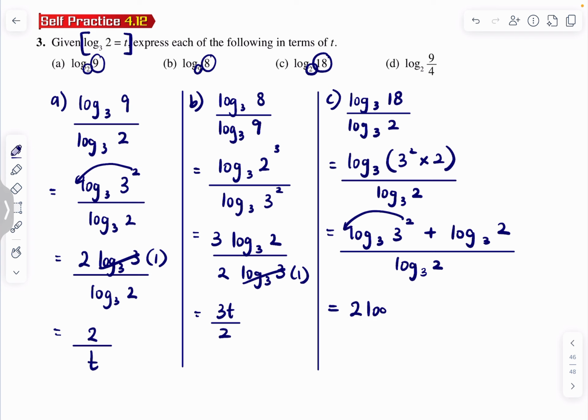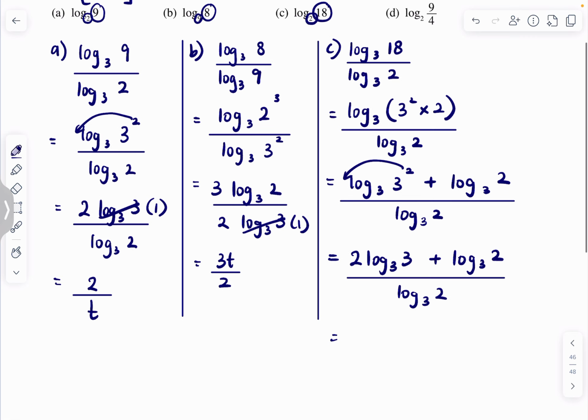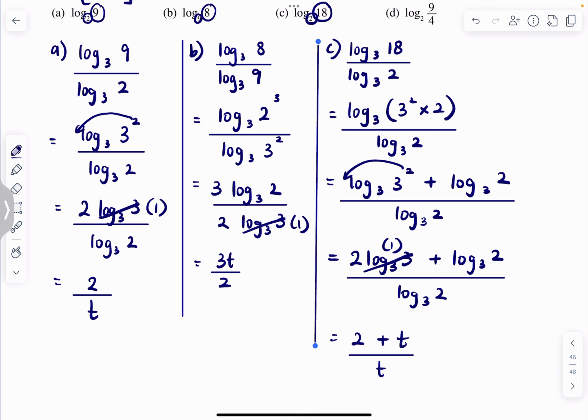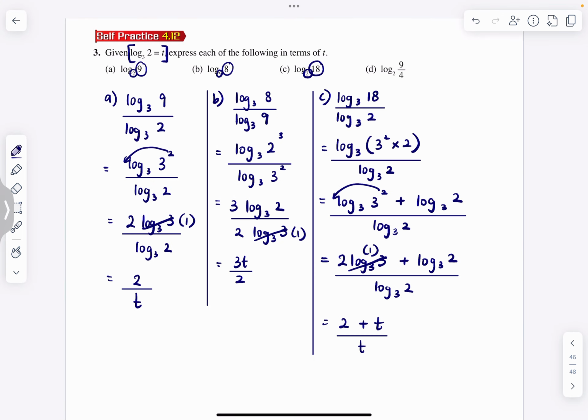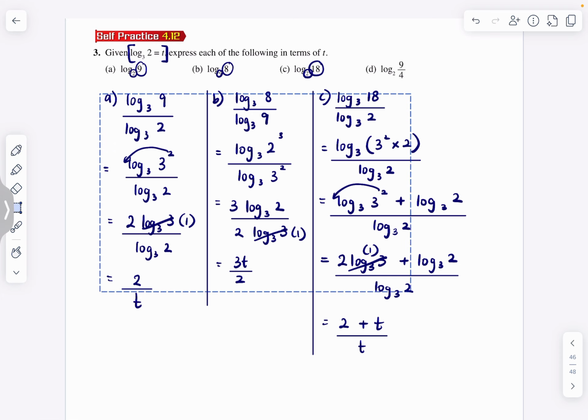So we get 2 log_3 3 plus log_3 2 over log_3 2. Log_3 3 is just 1, so 2 times 1 is 2. Log_3 2 is t. So the answer is (2 plus t) over t. Done.